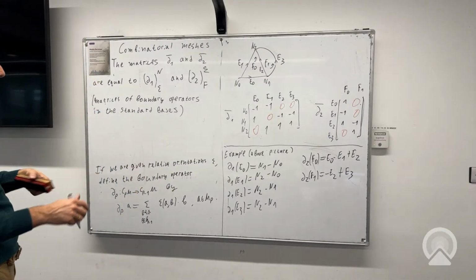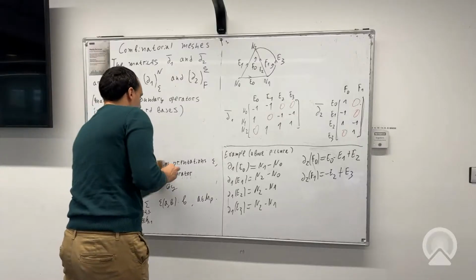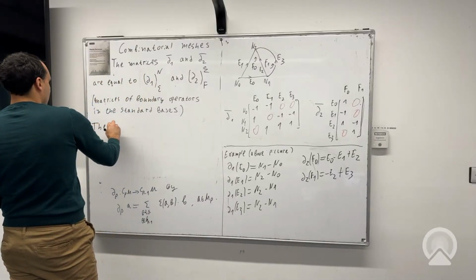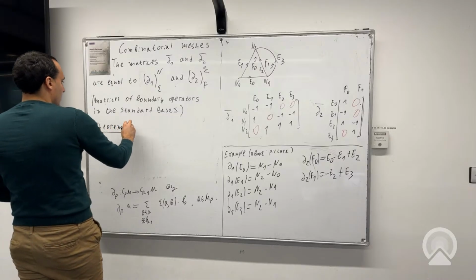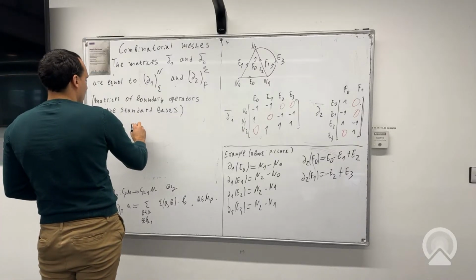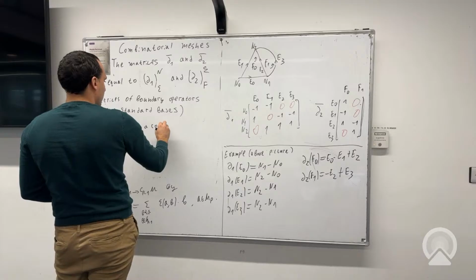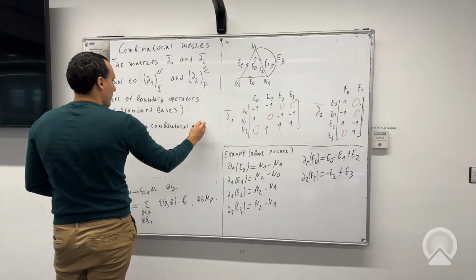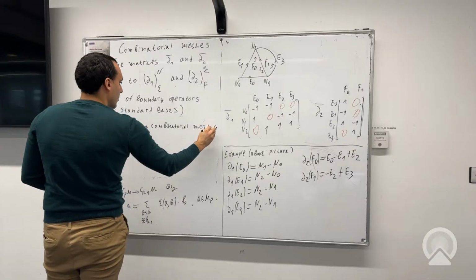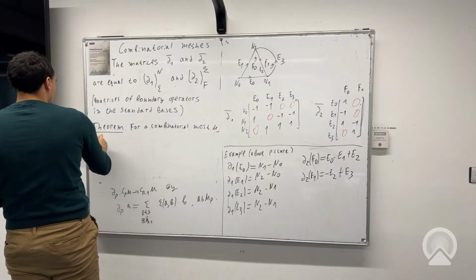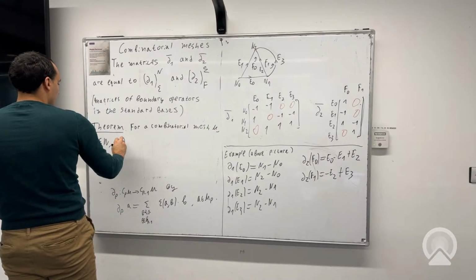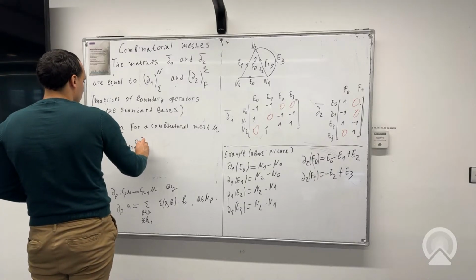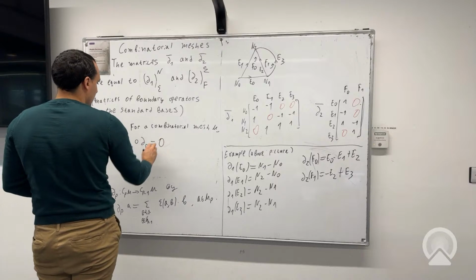And to finish this part, theorem. For a combinatorial mesh M and P an integer, d_P composed with d_{P+1} is 0.